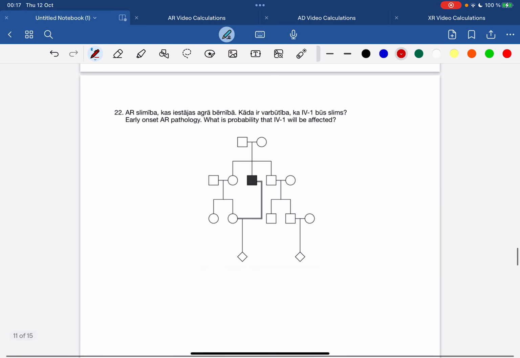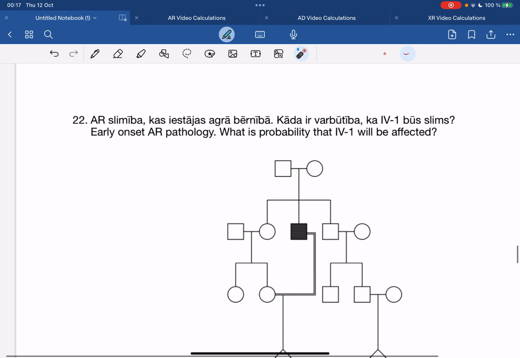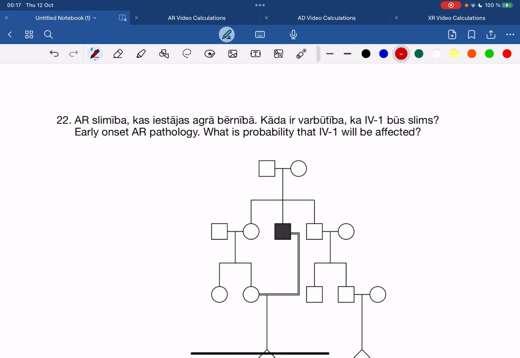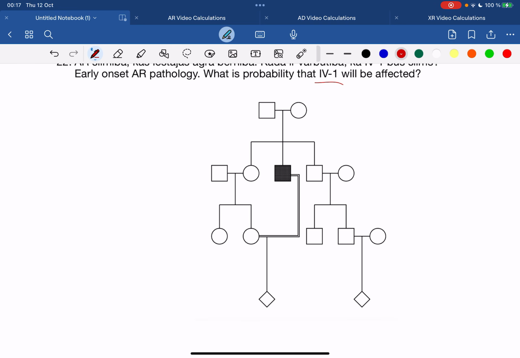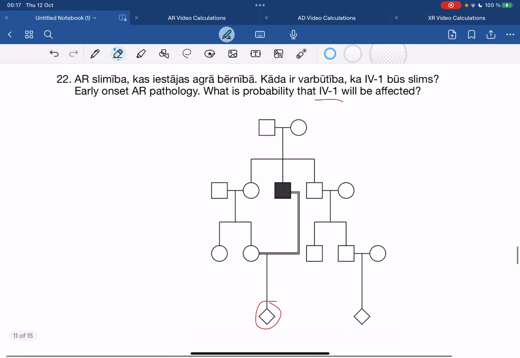Now for the final calculation. We have autosomal recessive, and we're asking what is the chance for this one to be affected. For this one is right here. And we know that the father is 100% homozygous for the pathology.